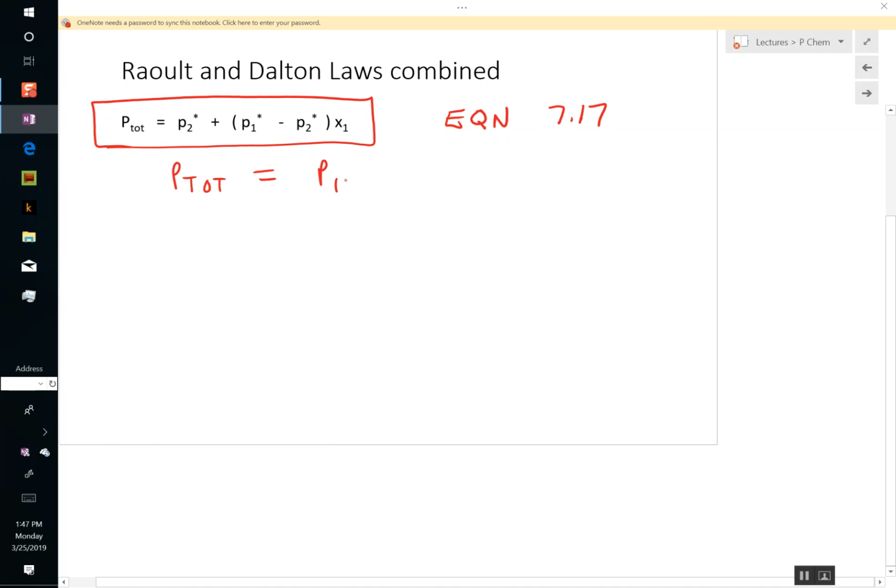Dalton's law tells us that the total pressure of a mixture of gases is the sum of the partial pressures of all the gases that are present. So for the total pressure, Raoult's law tells us it's going to be equal to the mole fraction of component 1 times the vapor pressure of pure component 1, plus the mole fraction of component 2 times the vapor pressure of pure component 2.